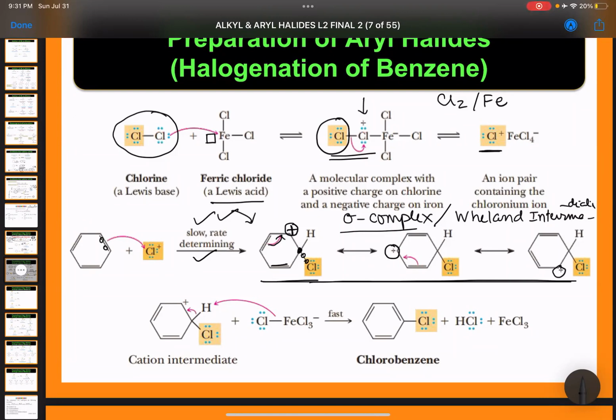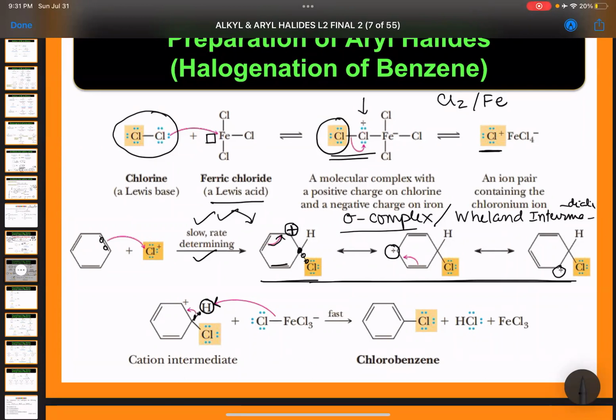Okay, so remember this Cl minus was taken away by FeCl3. That Cl minus can be released back and it can take away the H plus. H plus means the H without the electron pair. So the electron pair will be left behind on the benzene ring itself and will get into the benzene.